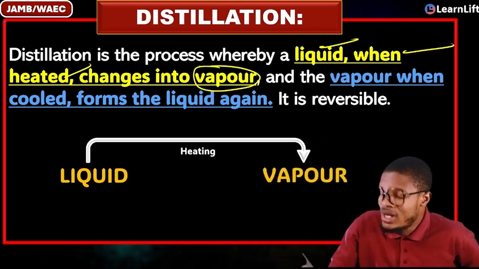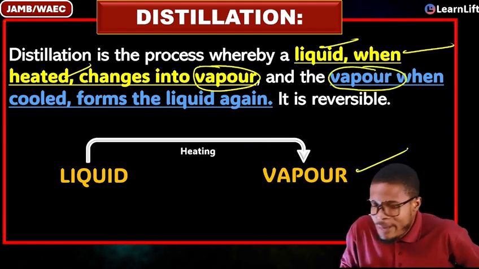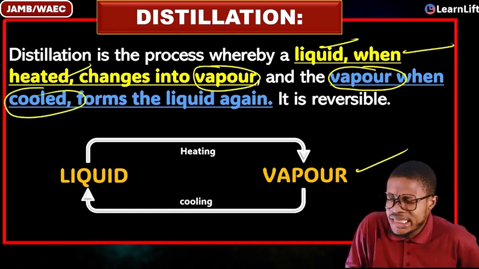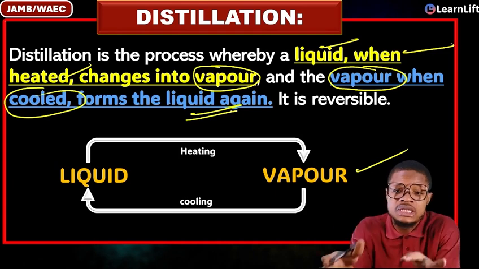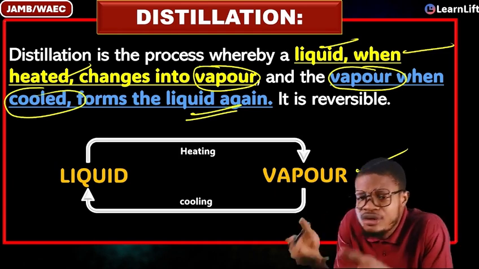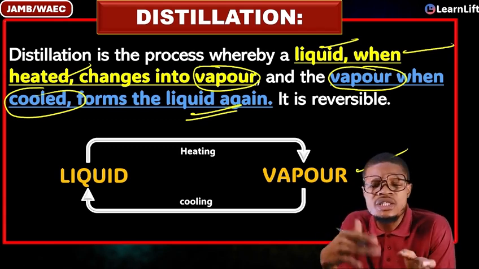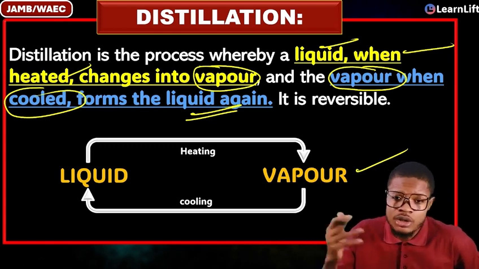Now that's distillation for you. And this vapor, what will happen to it when cooled? It will form the liquid again. This is called distillation. So distillation is reversible. What is distillation? It is a process whereby a liquid when heated changes to vapor, and the vapor when cooled forms the liquid again. That's called distillation.